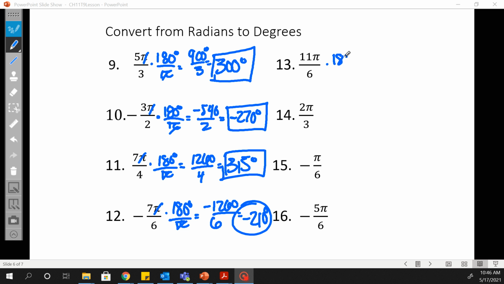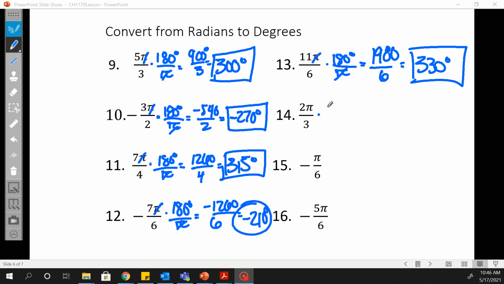Multiply by 180 over pi. Pi's cancel. So 11 times 180. So I got 1980 over 6. So 330 degrees. Times 180 over pi. Pi's cancel. 2 times 180. 360. So 360 degrees over 3. So we got 120 degrees.